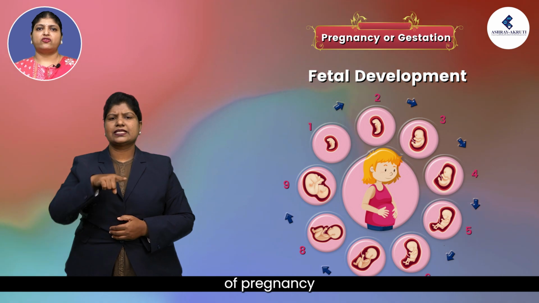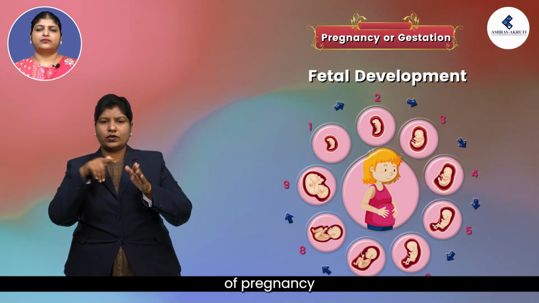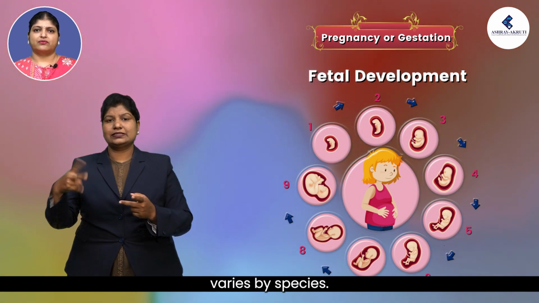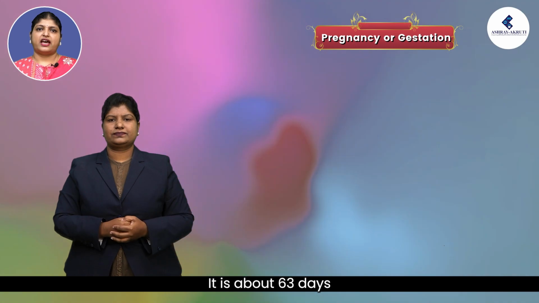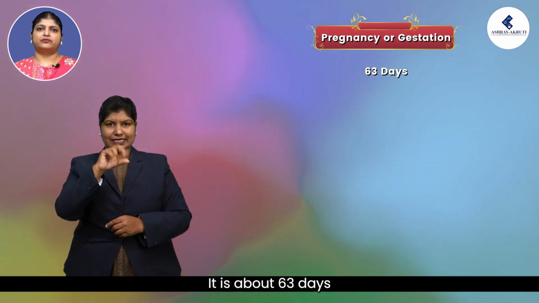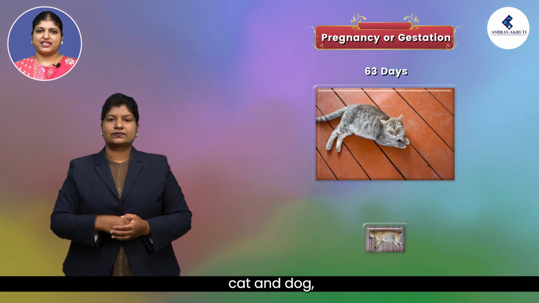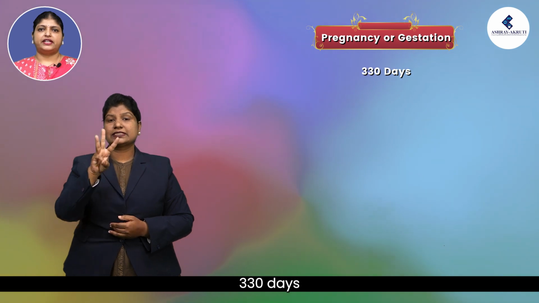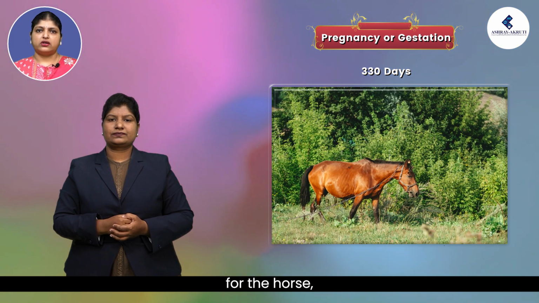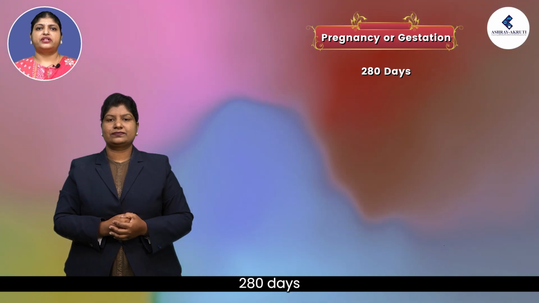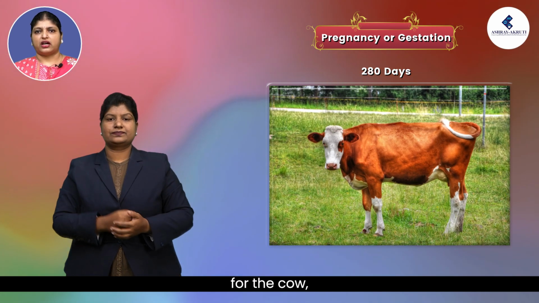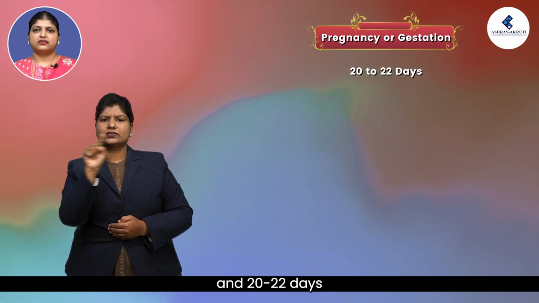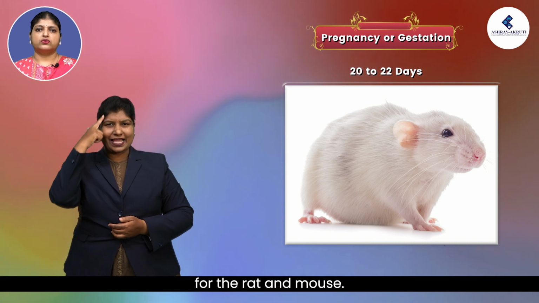The average length of pregnancy varies by species. It is about 63 days for the domestic cat and dog, 330 days for the horse, 280 days for the cow, and 20 to 22 days for the rat and mouse.